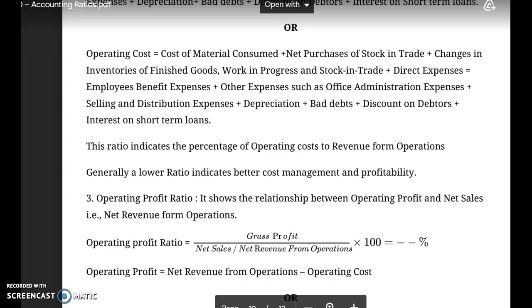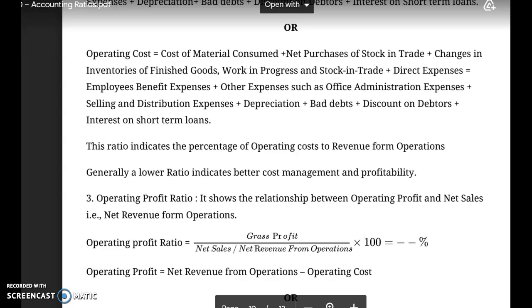Let's calculate the third important ratio, that is called the operating profit ratio. Dear students, understand that this ratio is calculated with reference to the operating profit divided by net sales or the net revenue from operations.